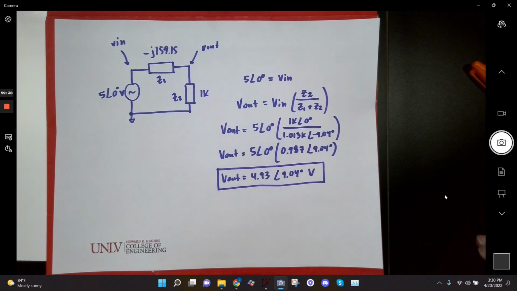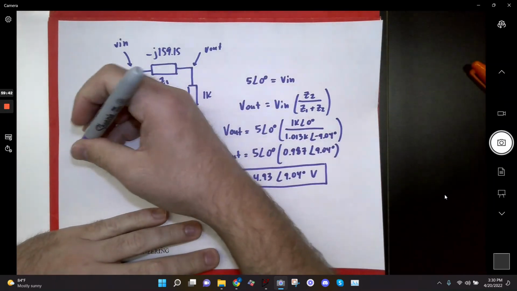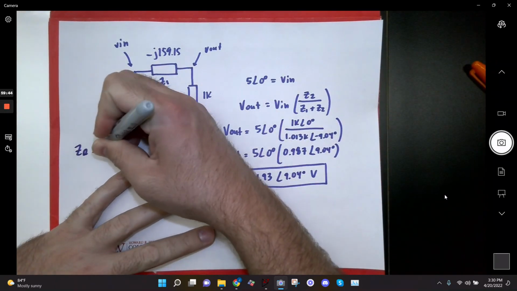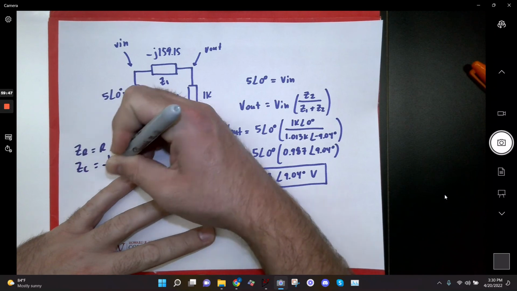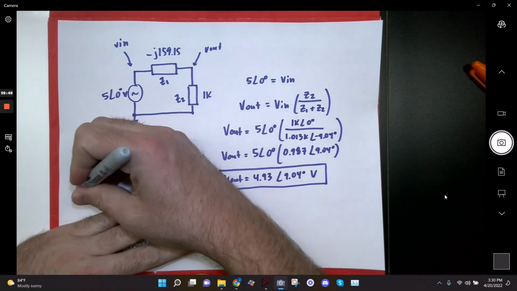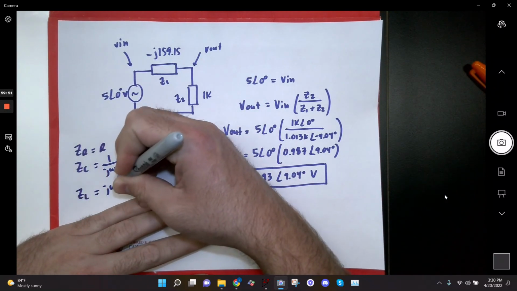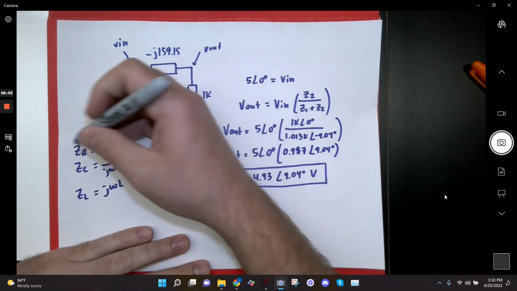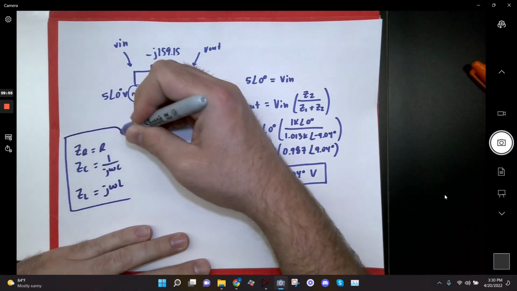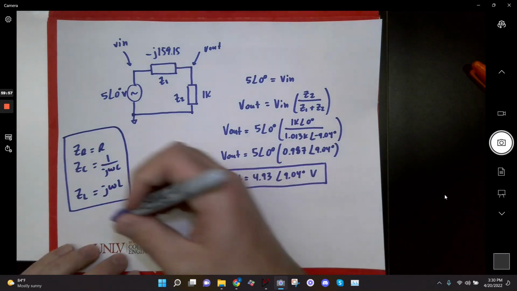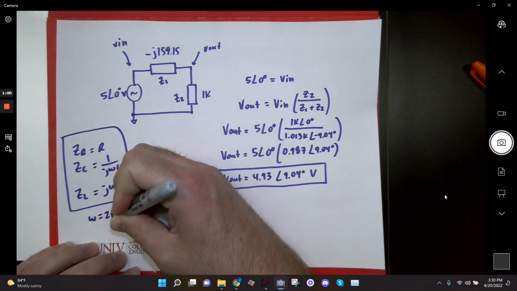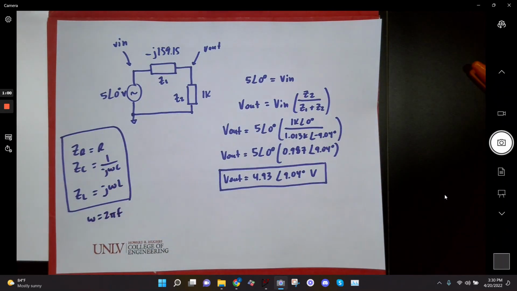What is the formula for the impedance of an inductor? It has nothing to do with either this or the last problem. So the impedance of a resistor is R, the impedance of a capacitor is 1 over j omega C. The impedance of an inductor is j omega L. All right, and omega is equal to 2 pi f. I think I talked about that last time.